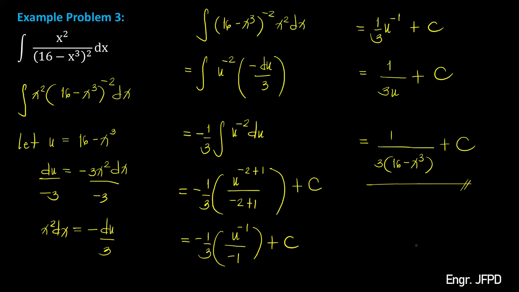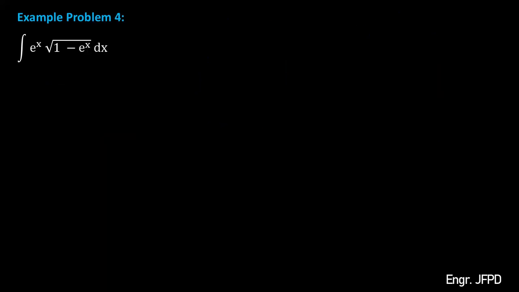For our fourth example problem, we have an integral involving an exponential function. And you will notice that in this equation, we can rewrite the square root of 1 minus e raised to x as 1 minus e raised to x, raised to 1 half, because square root is the same as having a fractional exponent of 1 half.